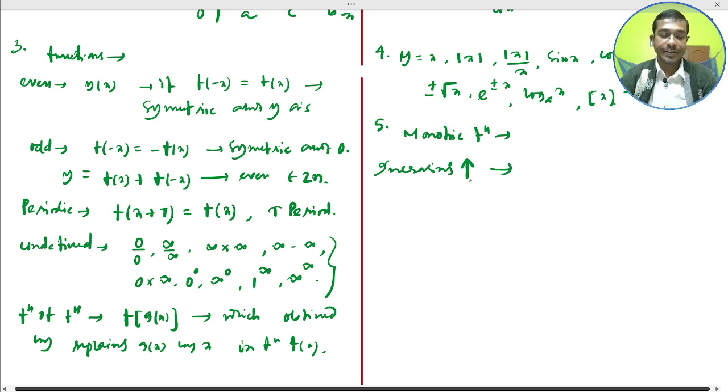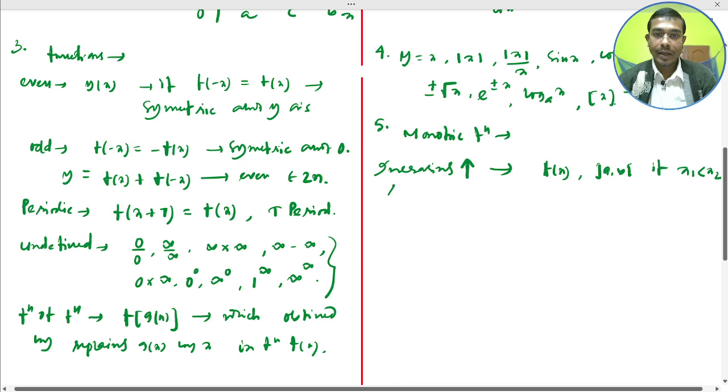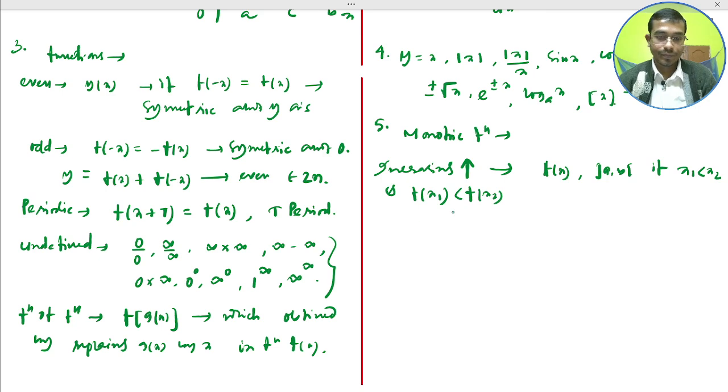A function f(x) is said to be increasing in the closed interval [a, b] if x1 less than x2 implies f(x1) less than f(x2) for all x1, x2 belonging to the closed interval [a, b]. This is the definition of the increasing function.